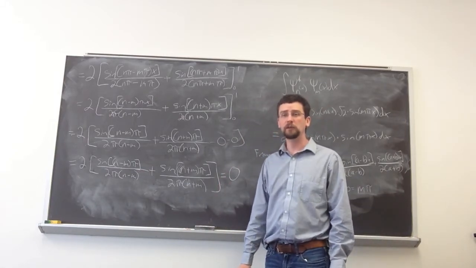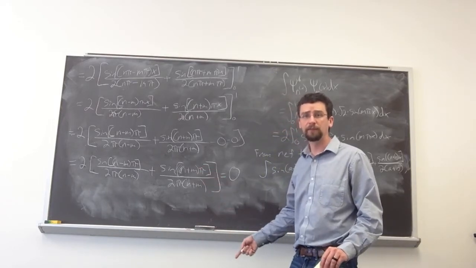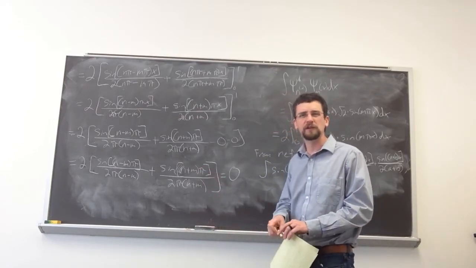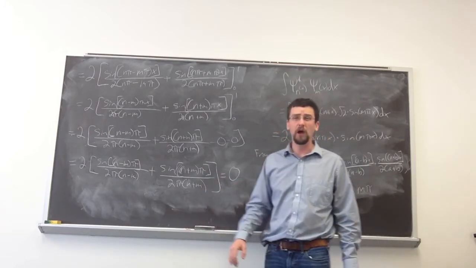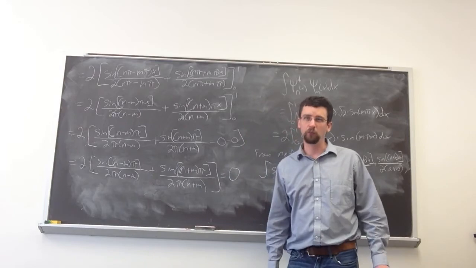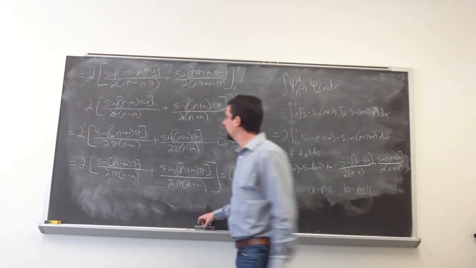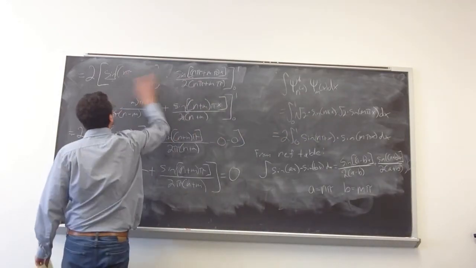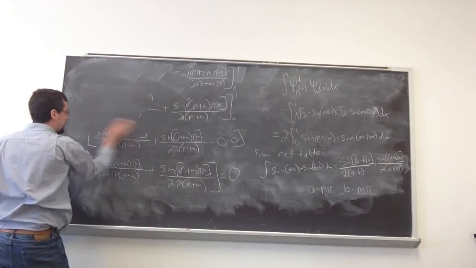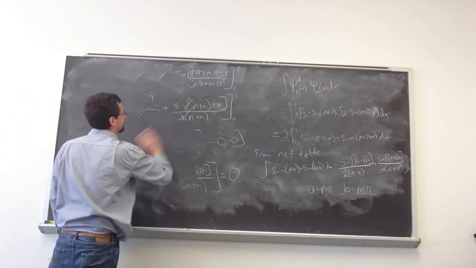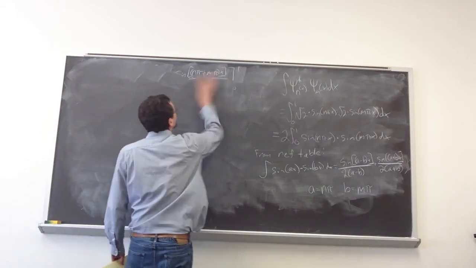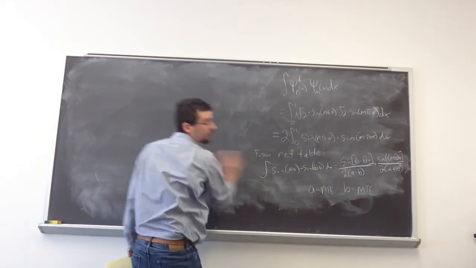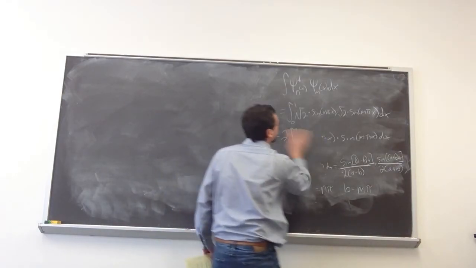Okay, so we showed when the two functions are different, but what about when the two functions are the same? To prove that it's orthogonal, when they're different, they have to be equal to 0. When they're the same, they have to be equal to 1. So let's start with where they're the same function, and hopefully we get to a point where it's equal to 1.